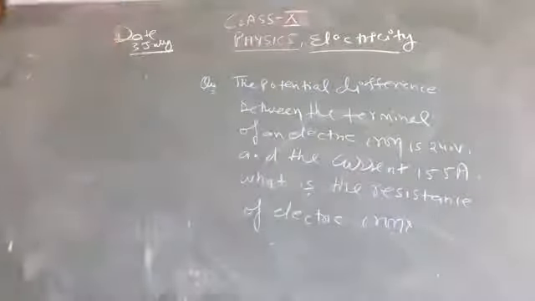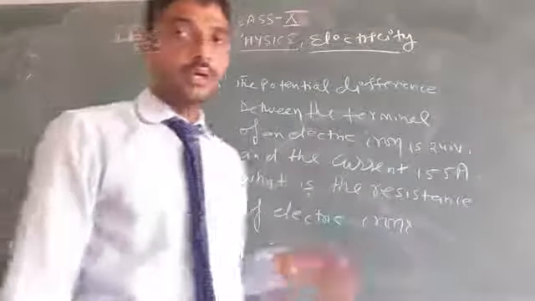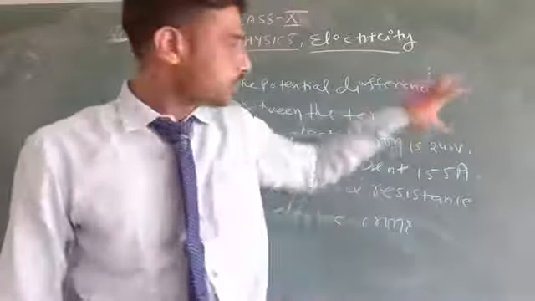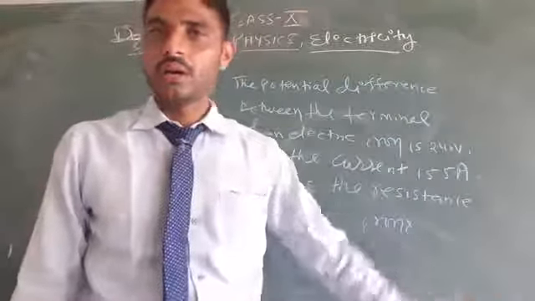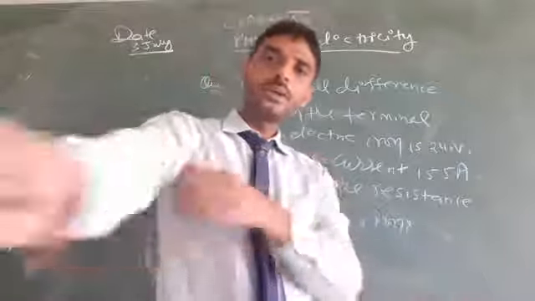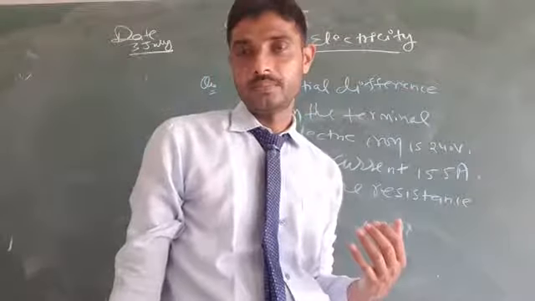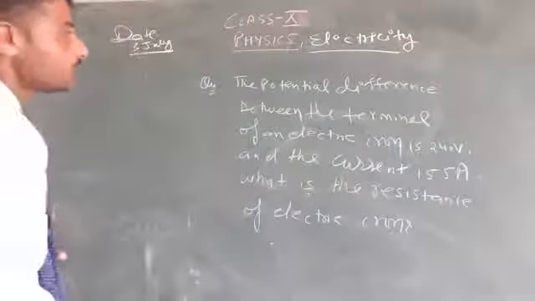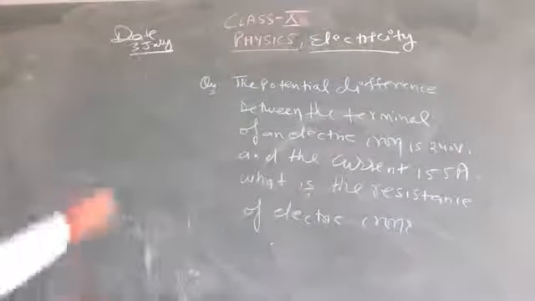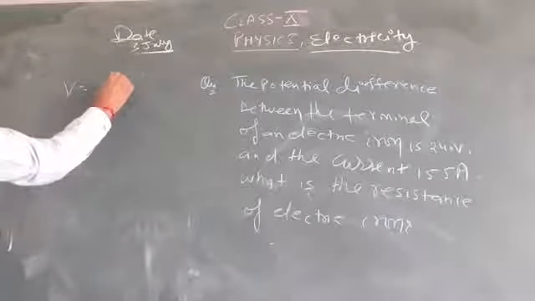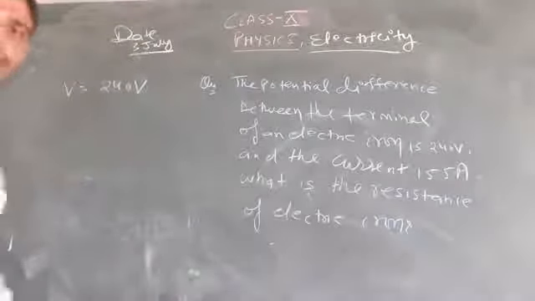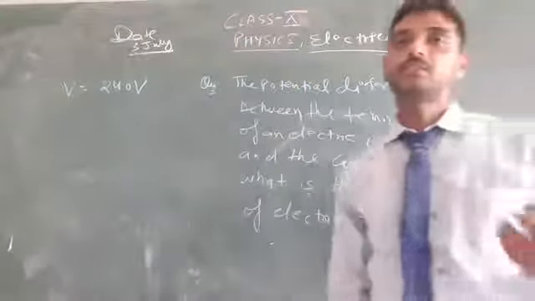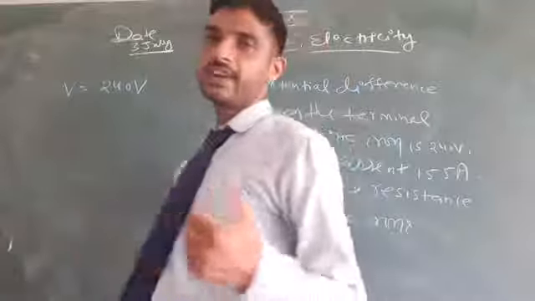So this is a simple numerical. But according to 10th, this question is very important and often used in board exams. Okay. So what values are given? Voltage is given, 240 volt. In the question, potential difference, and as you know, the unit of potential difference is volt. What is potential difference?